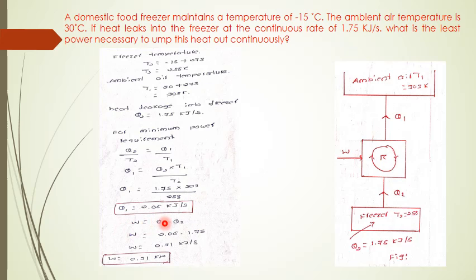The net work done on the system is Q1 minus Q2, which is 0.31 kilojoule per second. This much work is needed in order to run this freezer, which is W. So that is what lets us calculate the least power necessary to pump the heat out continuously.